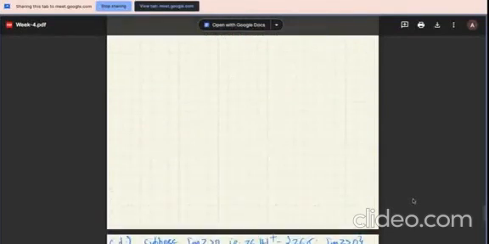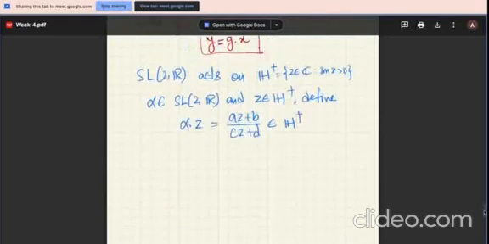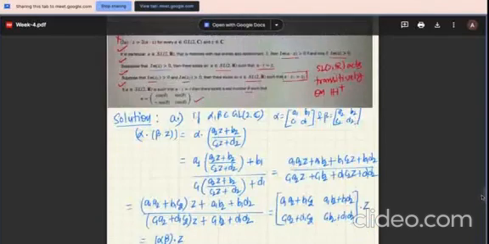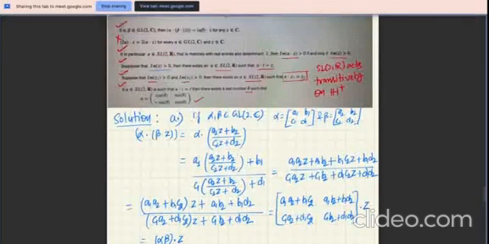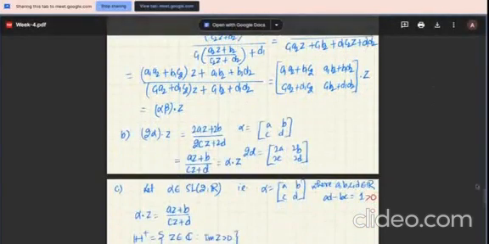Let us look at the last option. Again we have to go back. So if alpha belongs to SL2R is such that alpha dot I is equal to I, then there exists a real number theta such that this happens. This is based upon a calculation.